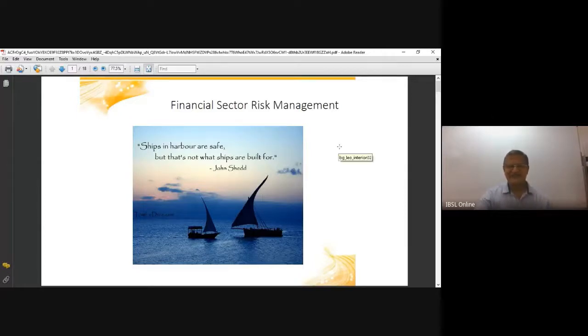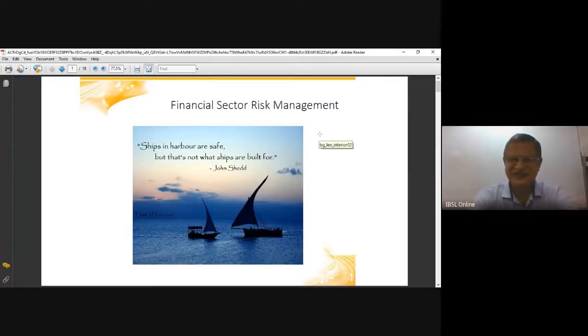If you see this slide, you can see there are two ships, and the wording says ships in the harbor are safe. That's not what ships are built for. Similarly, I can relate this same slide to business.